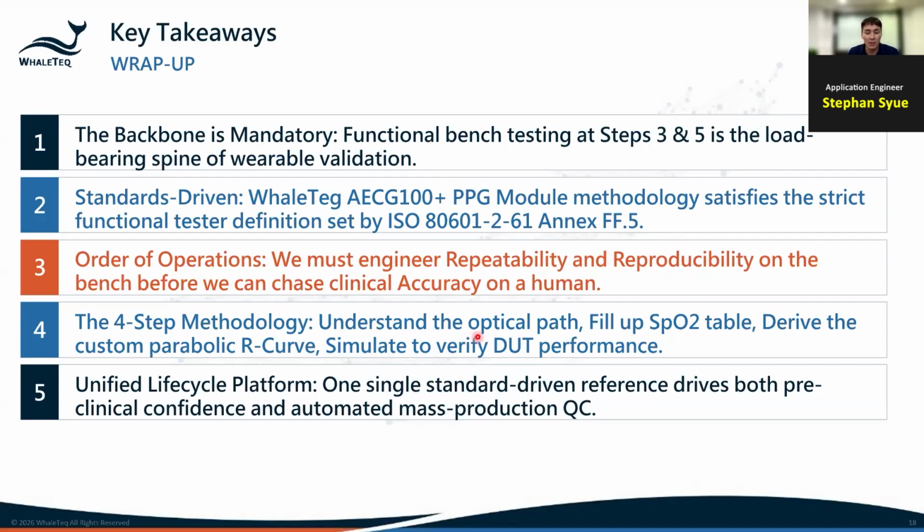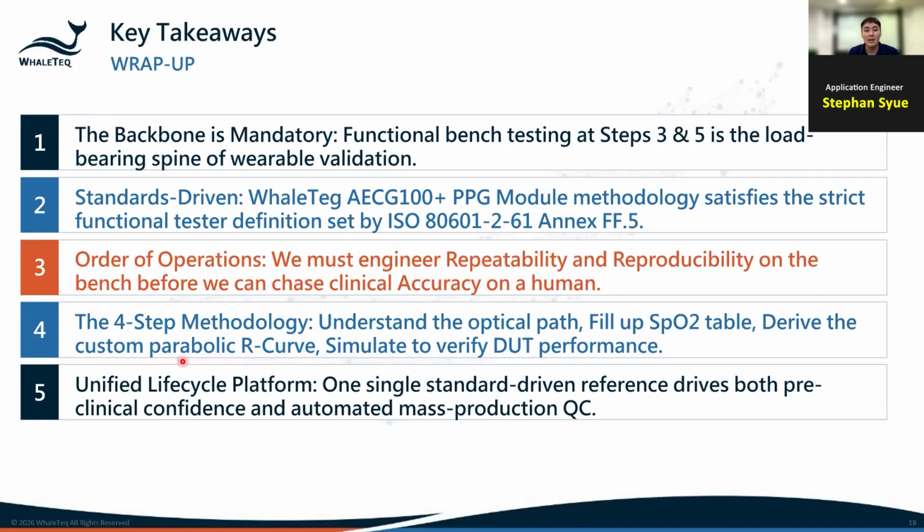And the methodology in our proposal not only helps you understand the optical path. We are doing open loop testing instead of closed loop testing in the gray card. The function can help you fill out the SpO₂ table through the exploration of SpO₂ reading versus AC changes. And from the result, we can plot the table to the correlation, so we can access the bench R curve, not the calibration curve in any DUT algorithm.